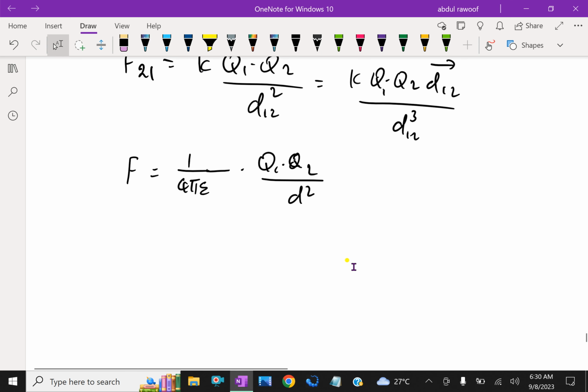Then epsilon can further be written as epsilon 0 for vacuum and epsilon 0 epsilon r for a relative medium. Here q1 and q2 are in coulombs, d is in meters, epsilon in farad per meter, then F is in newton.